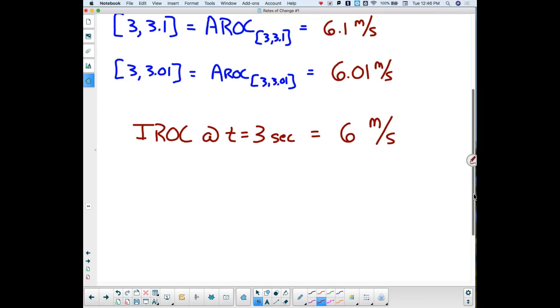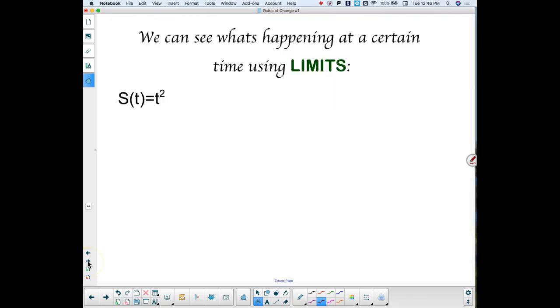Now, mathematically, we can use something called limits to prove that. Same function, s of t equals t squared. But now, using limits, I'm going to find my AROC of 3 to t.